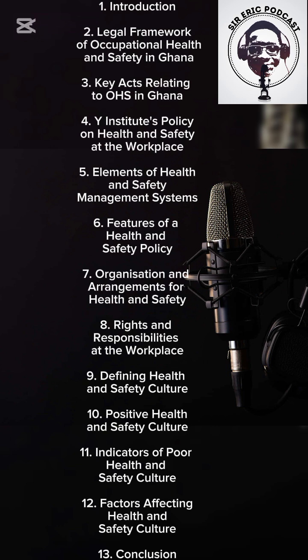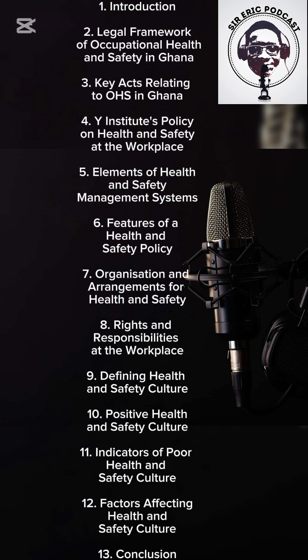Section 2. Key acts relating to organizational health and safety in Ghana. 1. Workmen's Compensation Act 1987, PNDCL 187, ensures compensation for workplace injuries or illness, except in cases of intoxication. 2.